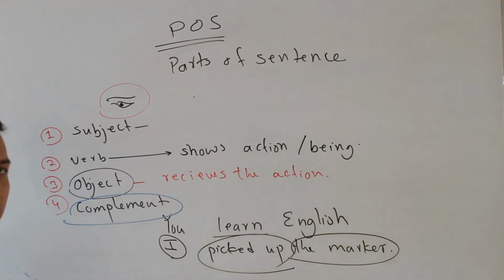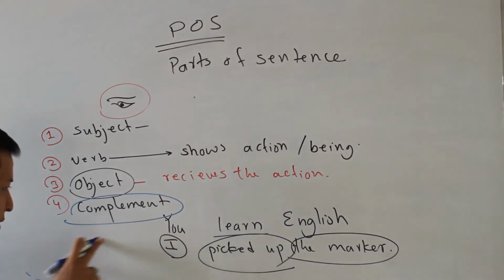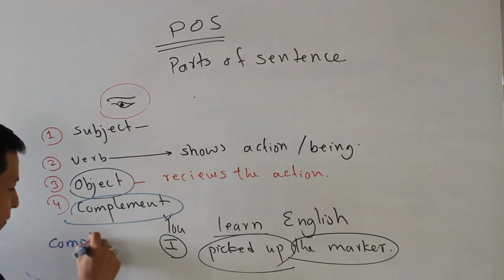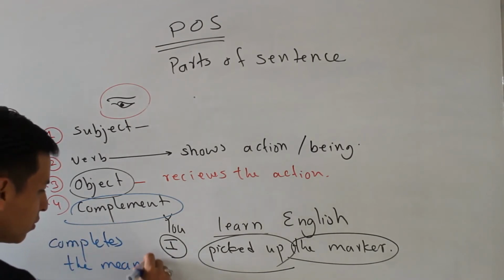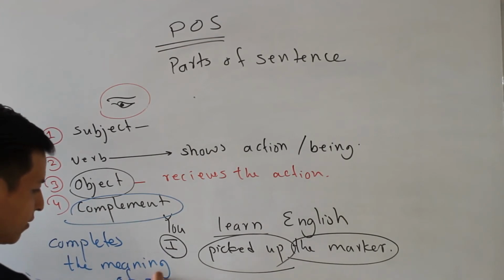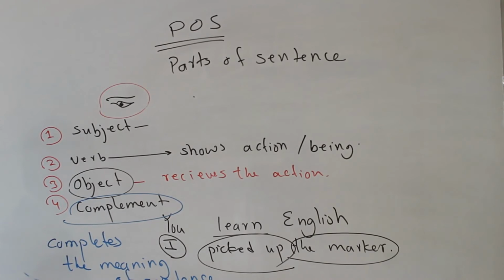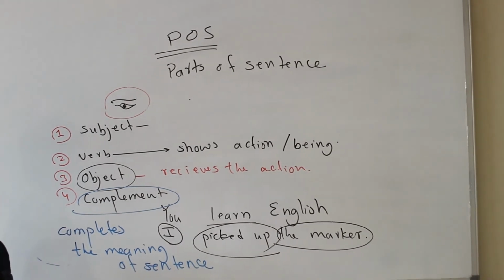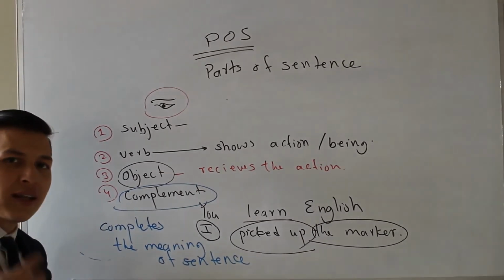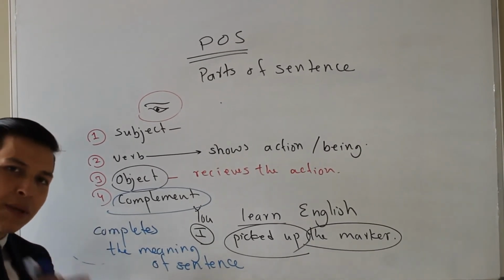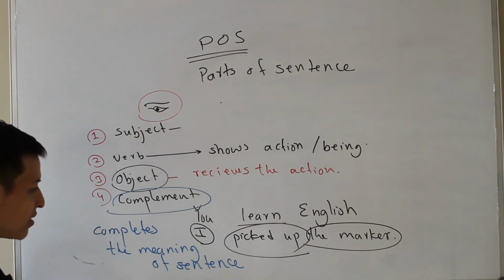Complement is clear from its name: it completes the meaning of the sentence. What's the job of complement? It completes the meaning of a sentence. It is something that gives more meaning to the sentence.